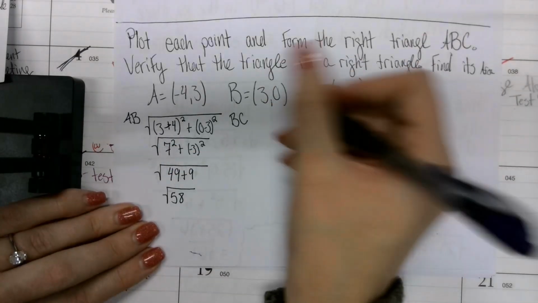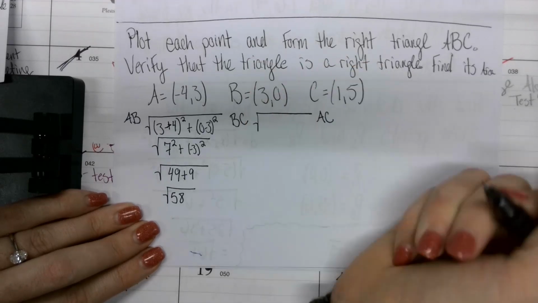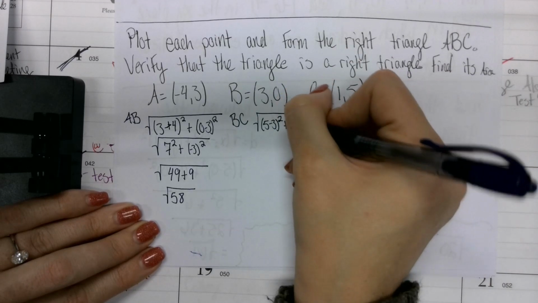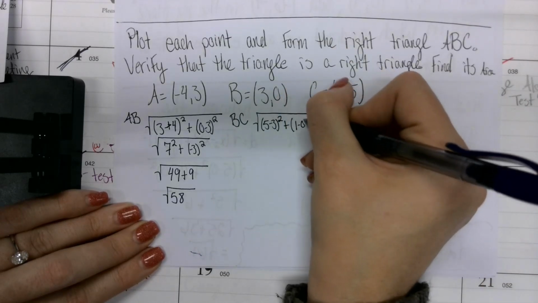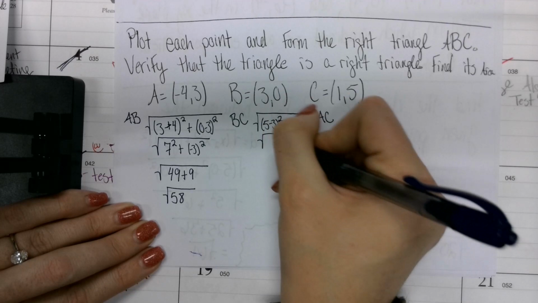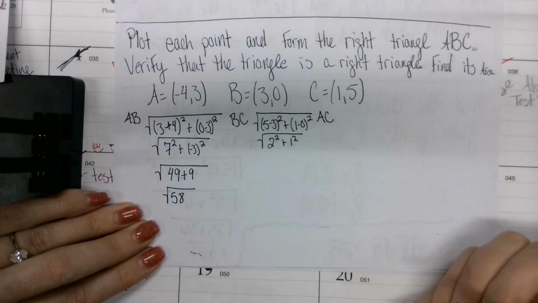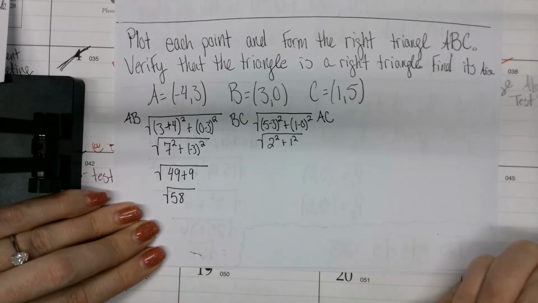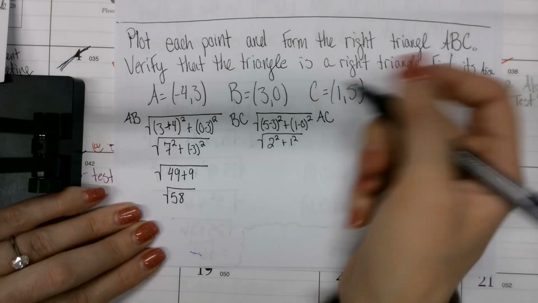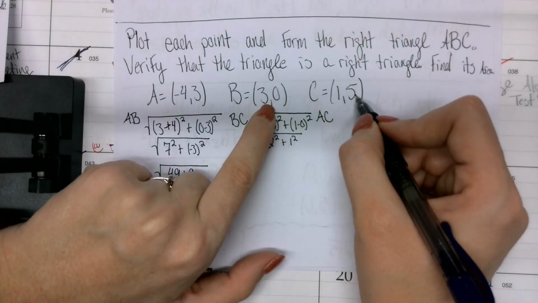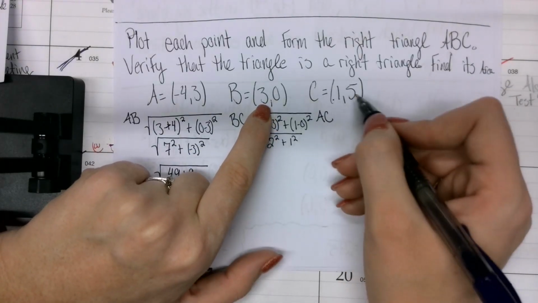Okay, BC, starting over, I have 5 subtract 3 squared plus 1 subtract 0 squared. So I'd have 2 squared plus 1 squared. What did I do? Well, I messed up. I'm going to fix it real quick. So I did 5 subtract 3 when I was in my mad dash just then. It needs to be 1 subtract 3 and 5 subtract 0.